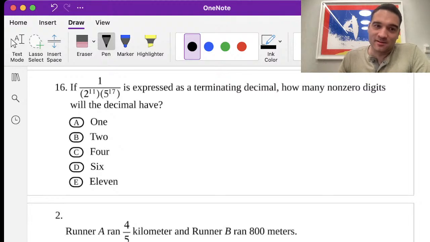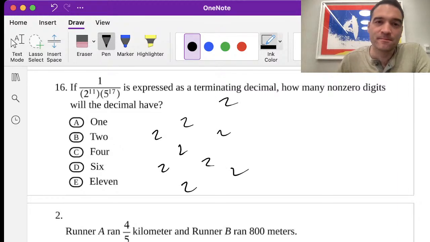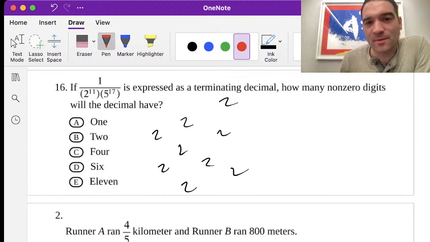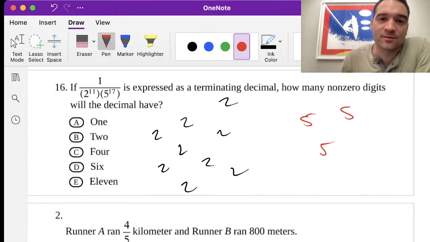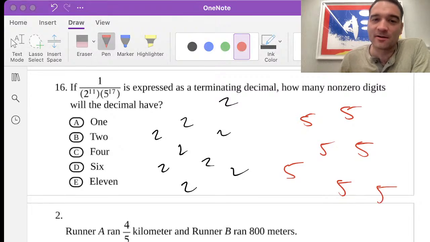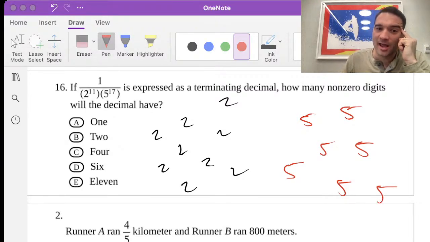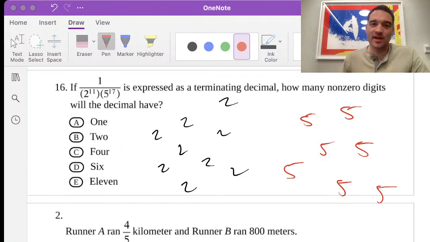So here's one way that I like to visualize it. Let's say we have a bunch of 2s floating around, 11 2s to be specific, on and on. And then I have a bunch of 5s floating around, 17 to be specific. I'm not going to write them all out here, but we get the idea. Here's my question. How many 10s can we create with these pieces?